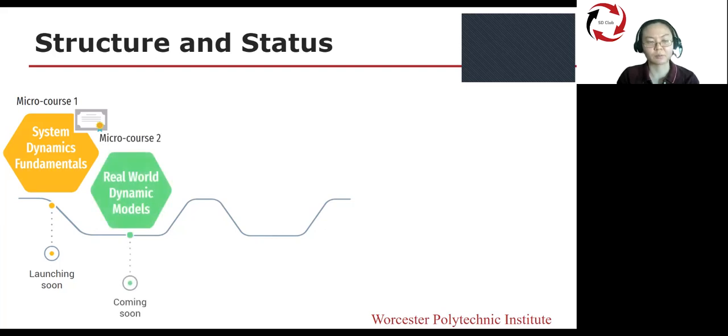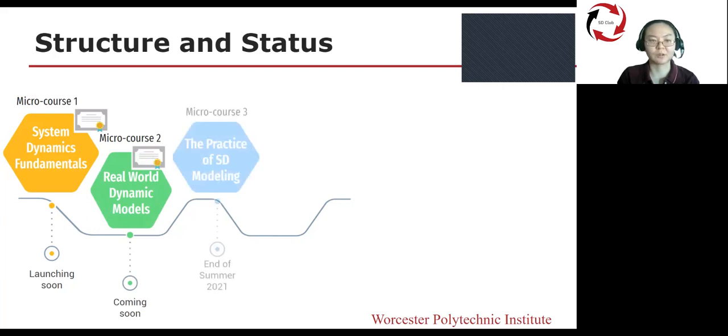Then you can move on to the second micro course, Real World Dynamic Models, which will be coming later this summer. After that, you also will get a certificate of completion. And the third micro course is the practice of system dynamics modeling, which will hopefully be out by the end of this summer. After that, you also get a certificate of completion.